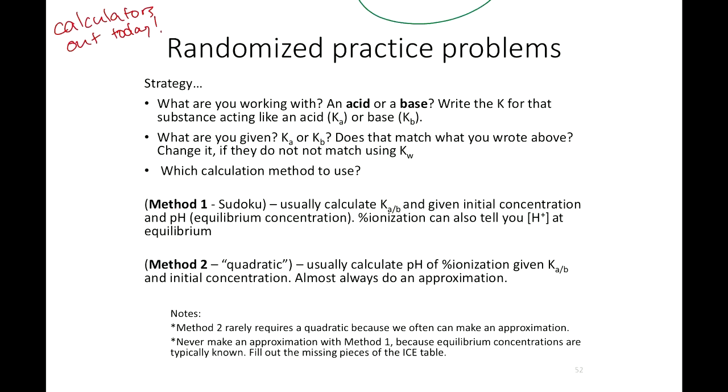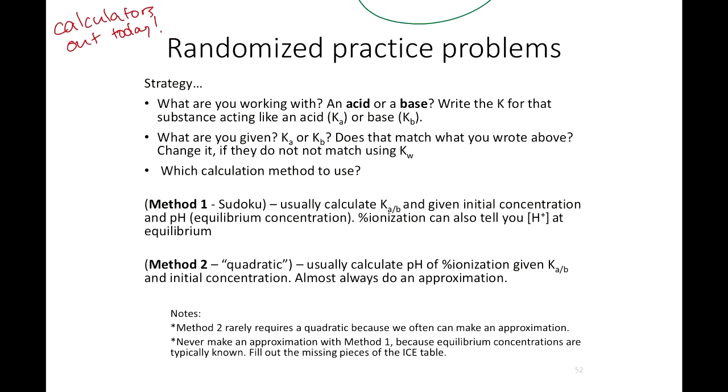How are we utilizing the ice table? Are we calculating the equilibrium line and making an approximation, or are we given other information to fill in our ice table so we can approach the problem? So that's the kind of things you want to be asking yourselves as we go through the remainder of this chapter and the next chapter, really.